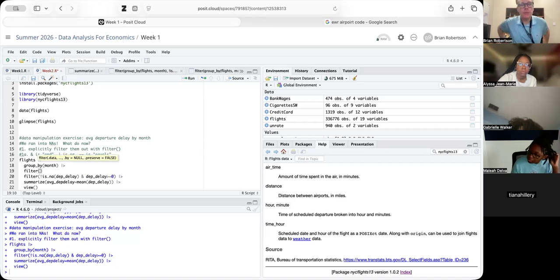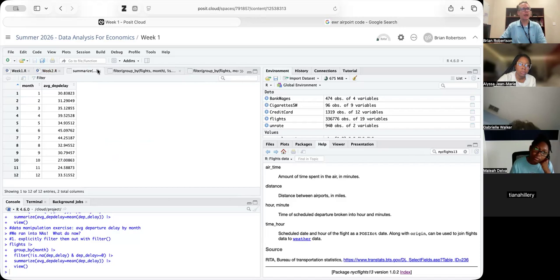And I can stack filters too. I don't have to keep all my filters in the exact same filter function. I can stack my filters depending on what stage of my exploration I'm working in. So let's say I get to looking at this stuff and I wonder what this says for different airlines.